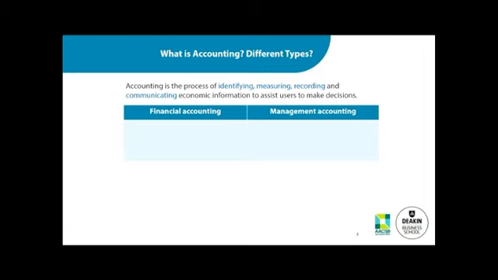One transaction is purchase of a motor vehicle. One transaction is paying to creditors. One transaction is paying for interest. One transaction is paying for your electricity bill. So there are different transactions. Therefore, we need to analyze these transactions and systematically record them in our accounting books.